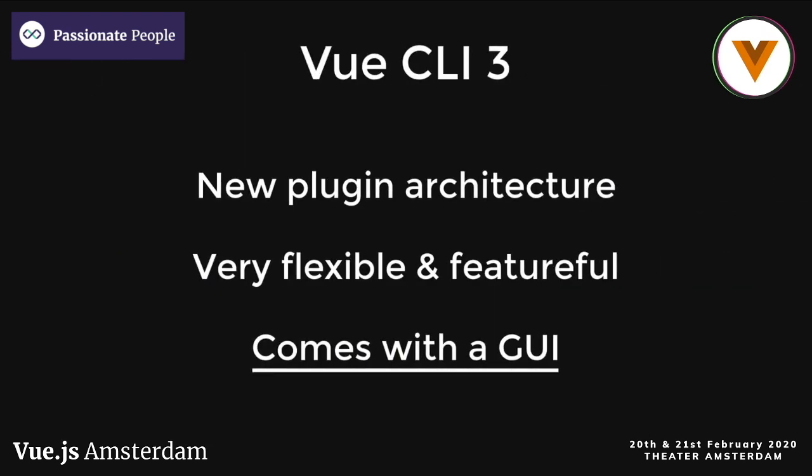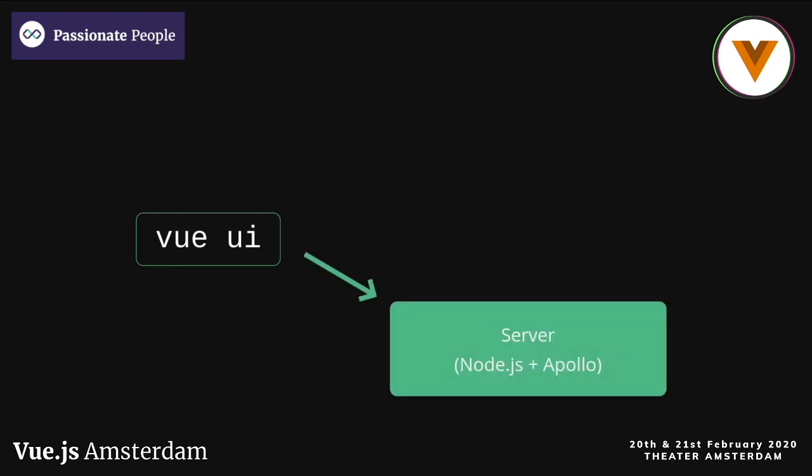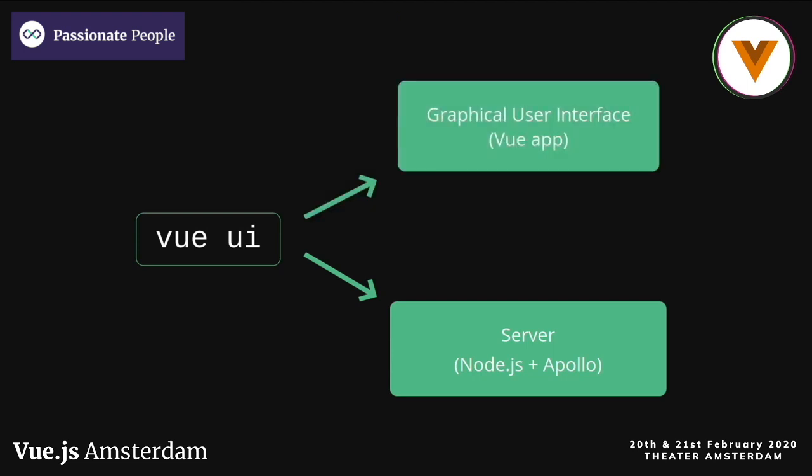It had a lot of new features compared to the previous version, and it also came with a graphical user interface. This interface was opened with the vue ui command you might be familiar with. Basically, it spawned a Node server with Apollo, and then opened a Vue application in your default browser, and the two communicated using GraphQL.